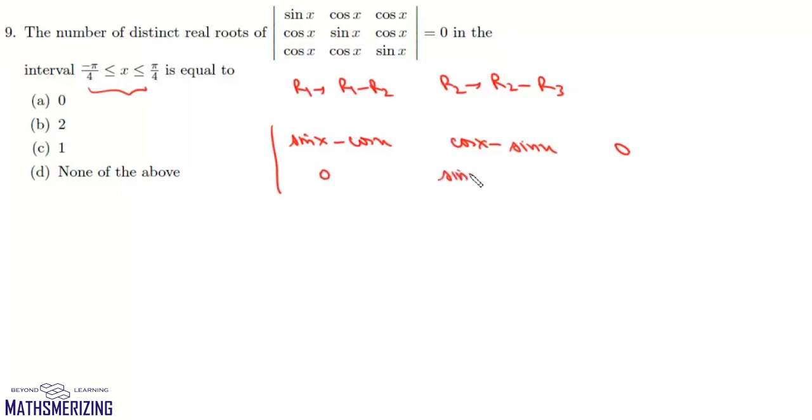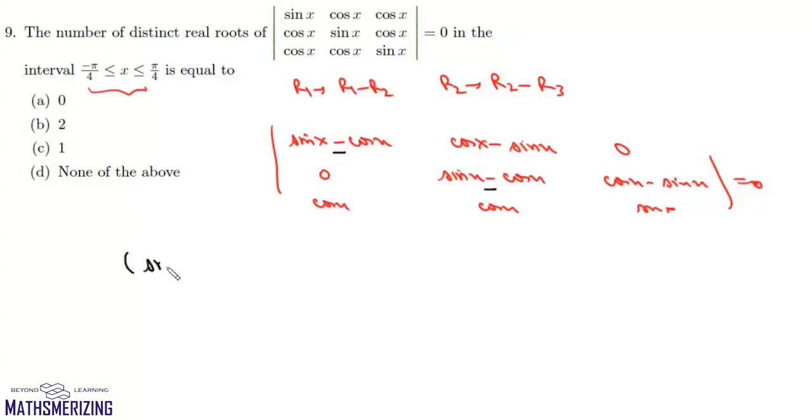We can write sin x minus cos x, and then cos x minus sin x. Here will be cos x, sin x, and it will be 0. Now from the first and second row, we can take sin x minus cos x common.